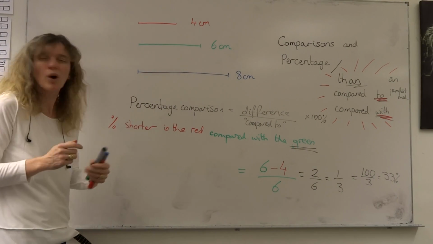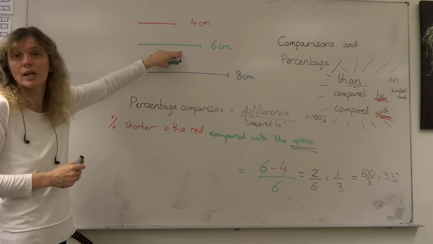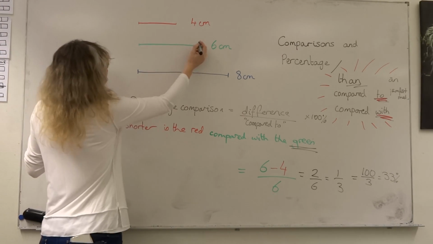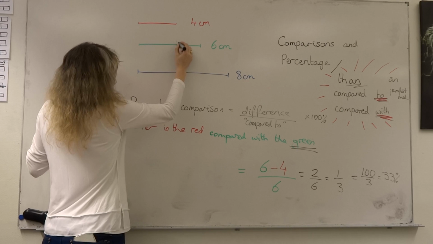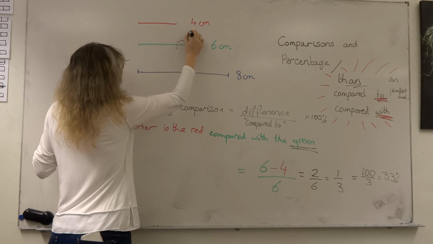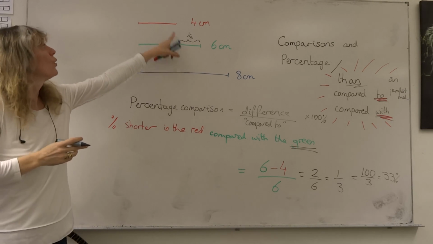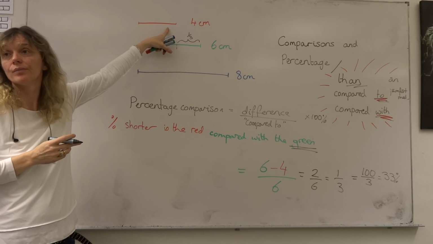So you have to think about, what are we saying here? We're saying, look at this green one, because this is the one we're comparing it to. And we're asking, how much shorter is the red one compared with this green? Well, if we were to chop off 1/3 of the green one, we'd have the red one.